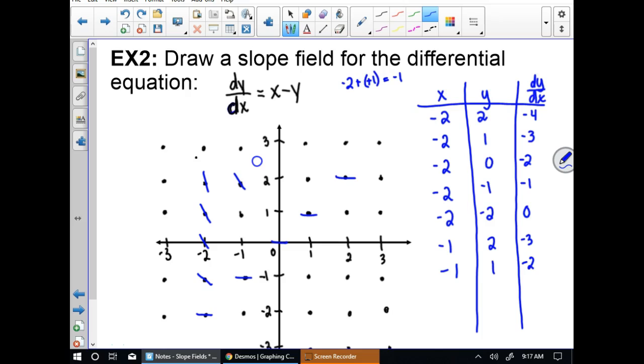It's going to be -2. -1, 0. -1. Then there's our 0. What about whenever we've got -1, -2? -1 minus -2. Oh. +1.